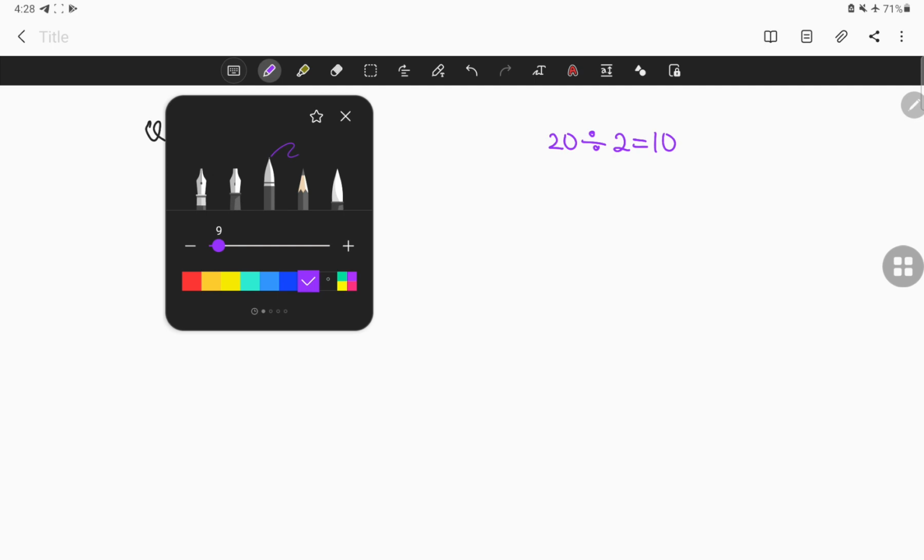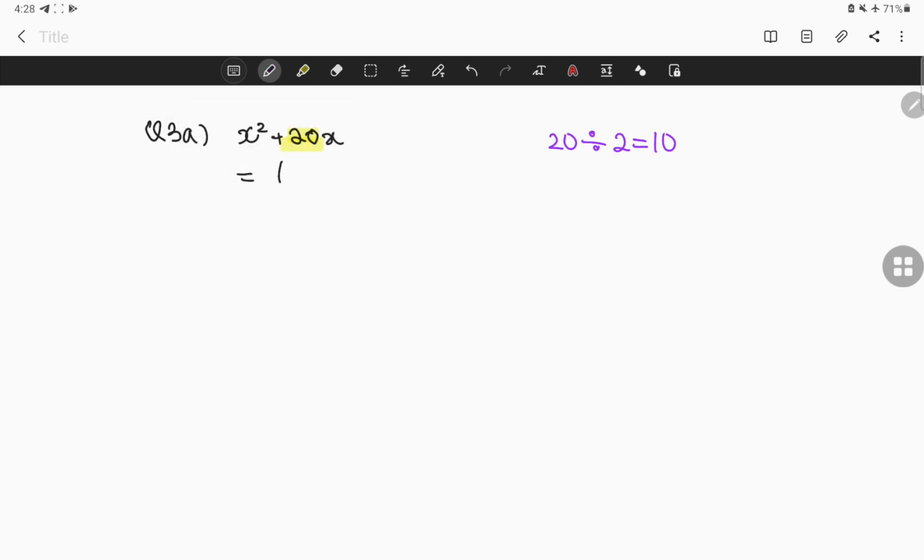Okay, and then to complete the square, all we need to do is x plus 10, the whole thing squared, minus 10 squared. So basically, this 10 over here is from here.